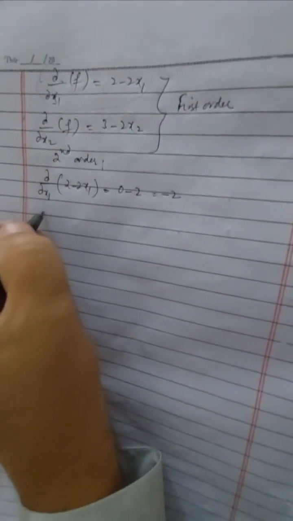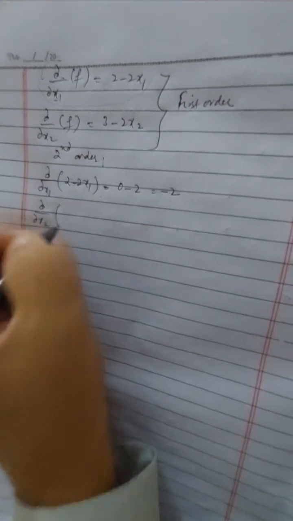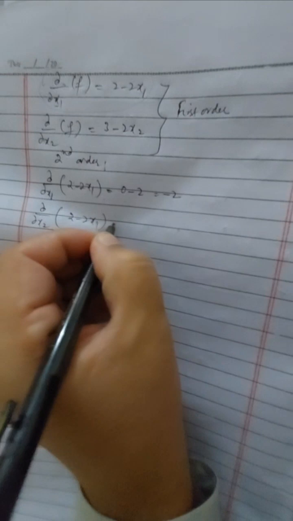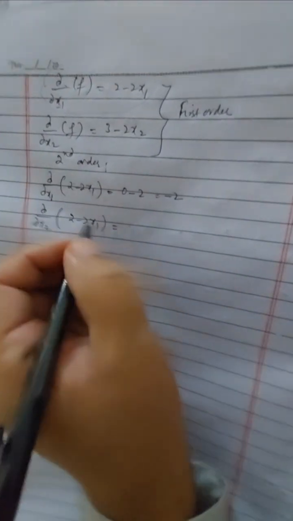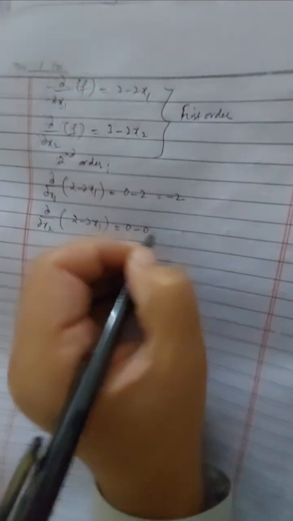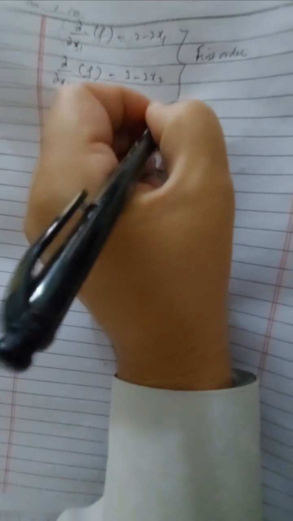Now for this one, doing it with respect to x2, d by dx2 of 2 minus 2x1 is equal to 0 minus 2 into 0, so it will become 0.